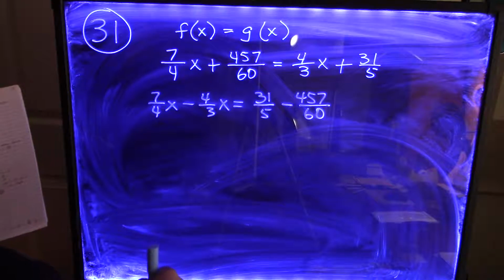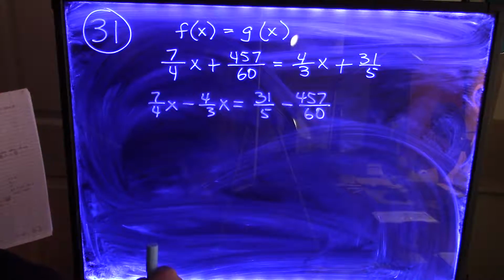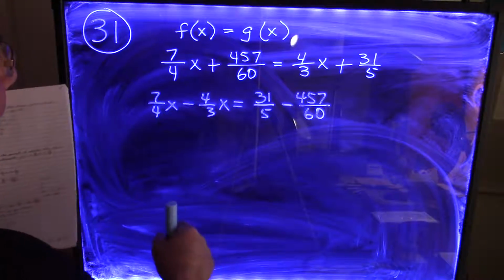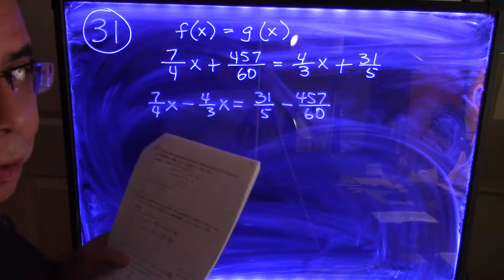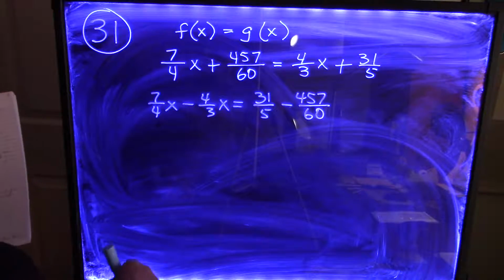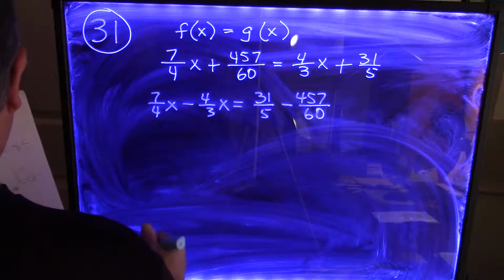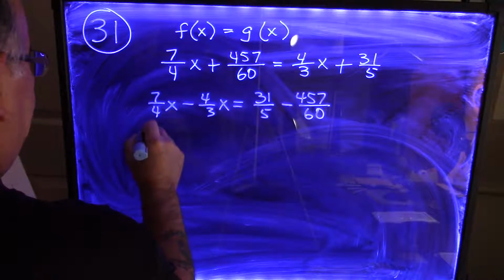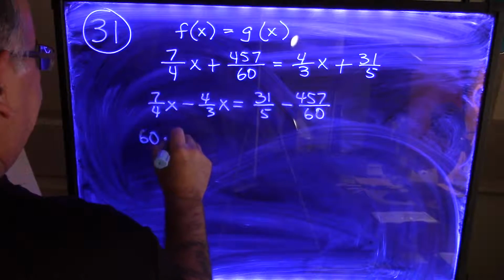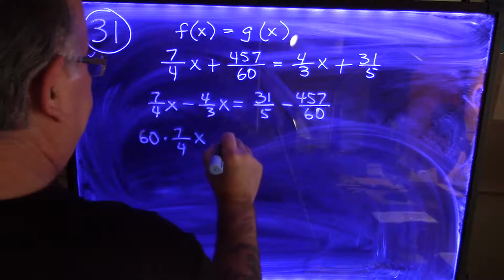And if you don't remember what the least common multiple is, that's something you should have already learned back in the old days of Algebra 1. So you might want to look that up. But you can multiply everything through by 60, and that'll give you some good canceling going on here. And I love canceling, right? So multiply both sides by 60.